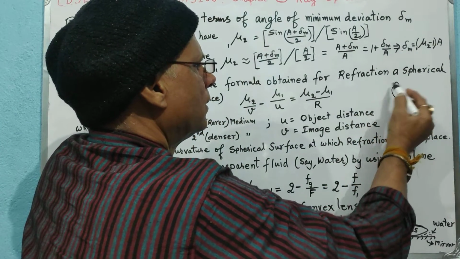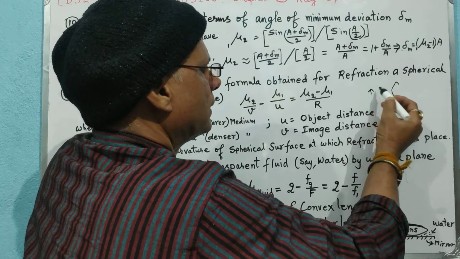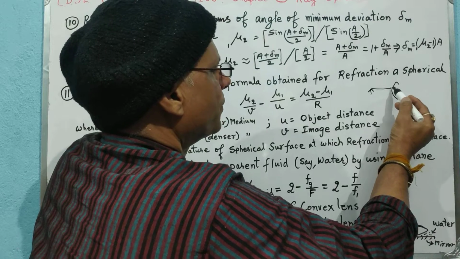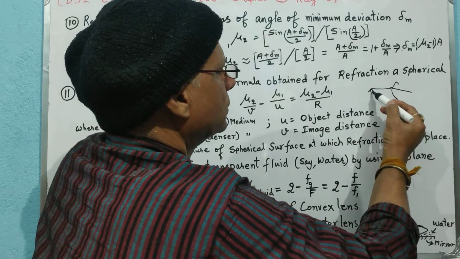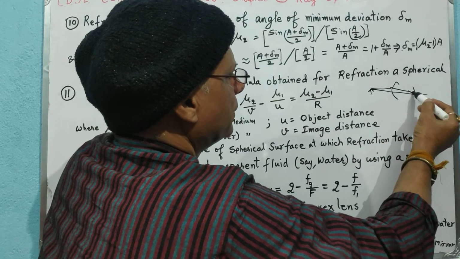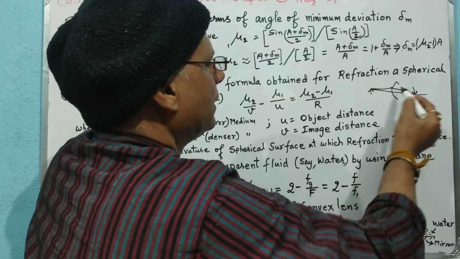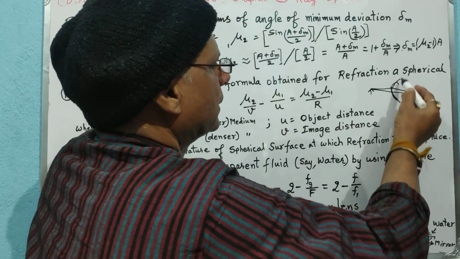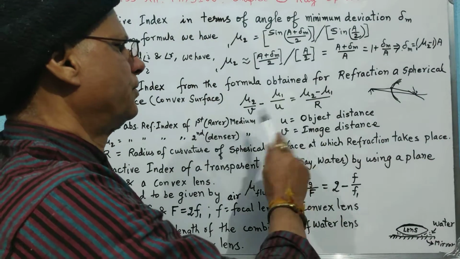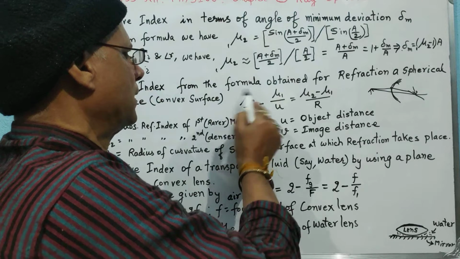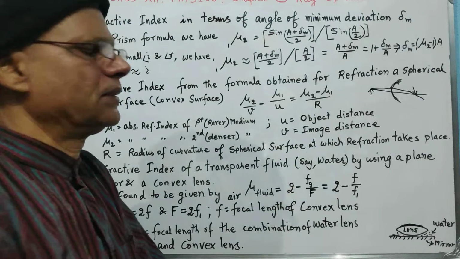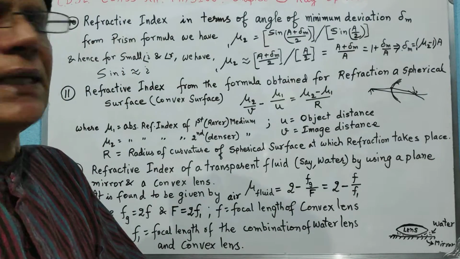If we take an object on this side and the image is formed somewhere over here in the second medium, and the surface is convex, then spherical refraction is taking place at the spherical surface. For that situation we derive this expression, which we shall actually derive in the coming lectures in this same chapter.